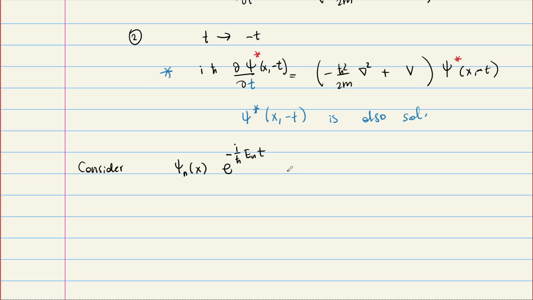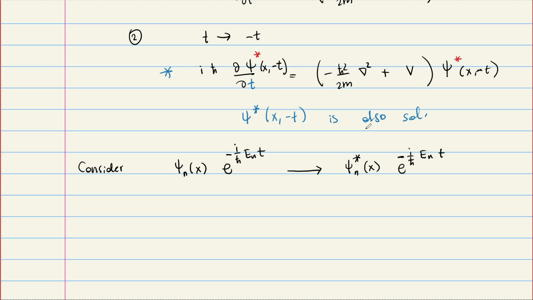And with these operations, what we require is we first need to take complex conjugation. So this is ψ_n star of x, and this is e to the i over ħ E_n t. And in the second step, we also require t goes to minus t. So this is also a solution.